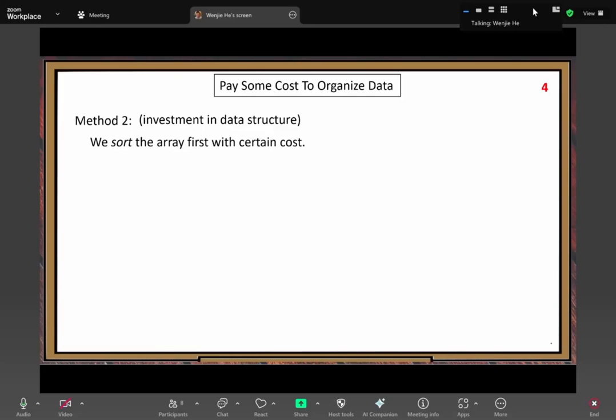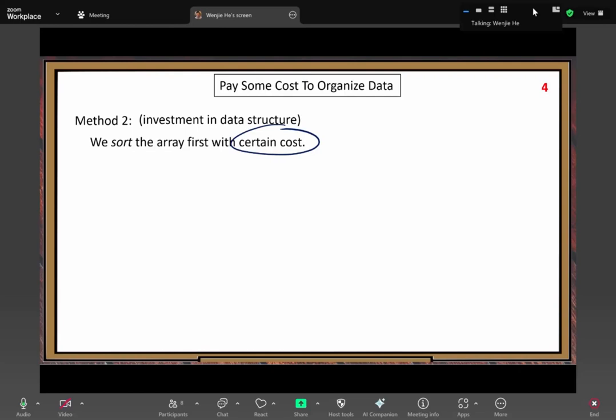The question is how much cost, because that cost is important to help us make our decision. If the cost is too high, then we don't want to spend that much. If the cost is under control within some acceptable range, then we can do it. So we want to see that number first.